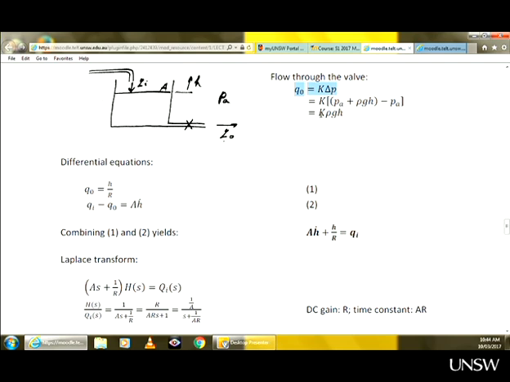So instead of K rho g, I'm using 1 over R. It's really clumsy carrying around those three letters throughout all these equations, so I will have only one letter. And that letter, as I said, resembles electrical resistance.